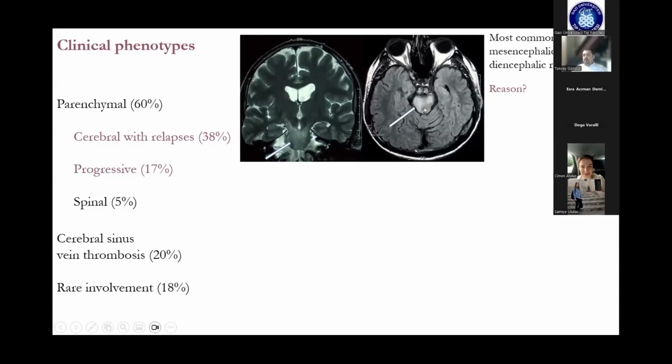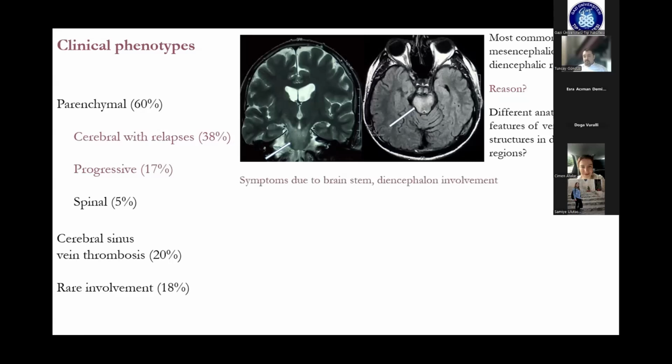So a question arises at this point, not yet answered. Why are the pontomesencephalic and diencephalic regions the most common? It may be caused by different anatomical features of the venous structures in this area.